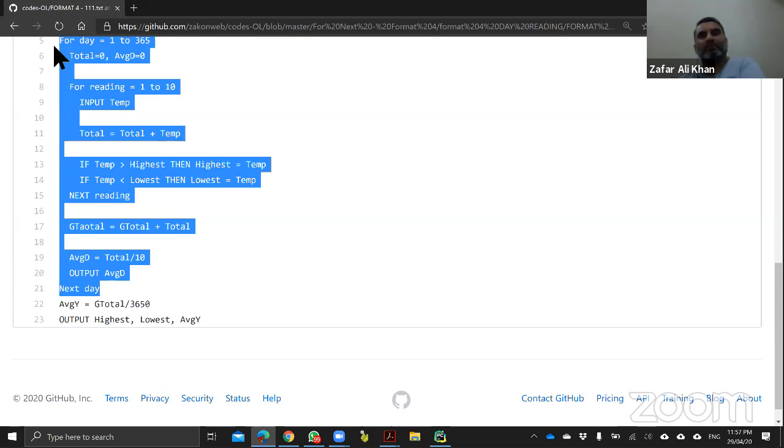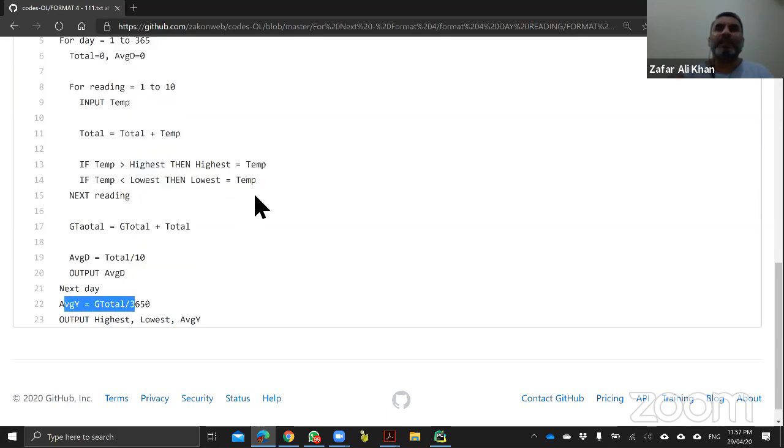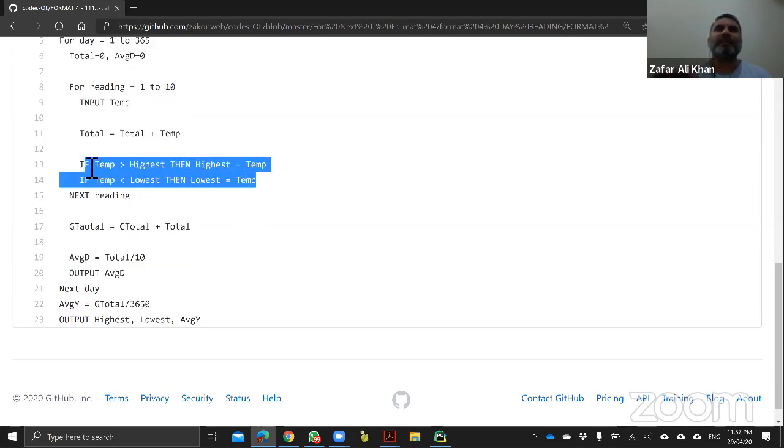with 10 readings every day, which means there are 3650 readings now. So 3650 readings means we have a grand total of 3650 inputs. Now we need to find the average of the year as well. Similarly, you should know that the highest and lowest were being taken but not used while the outer and inner loops were working, because they asked us to output the highest and the lowest of the whole year.